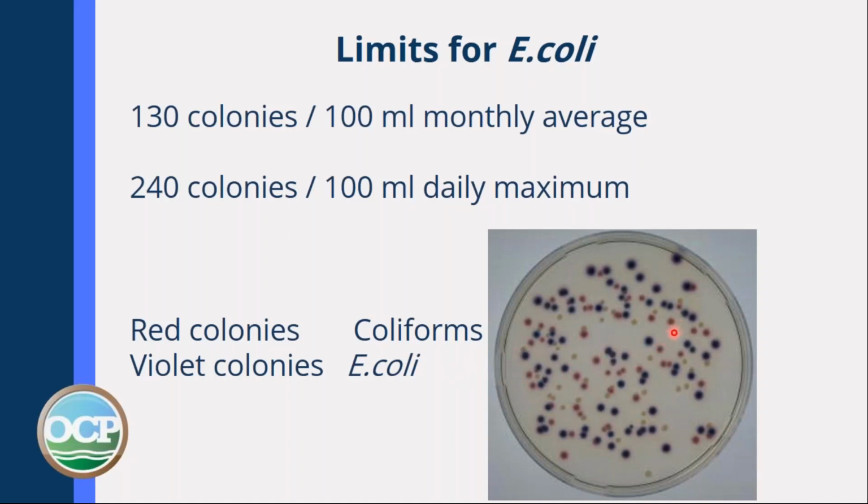And the red colonies are coliforms, and the violet ones, like this one here, are E. coli. You will see some that seem very beige. They're neither. And so you count these, and you can figure out whether this passes the limits or not. I will tell you now that it doesn't, but if you want to count them and maybe prove me wrong, then please go ahead.